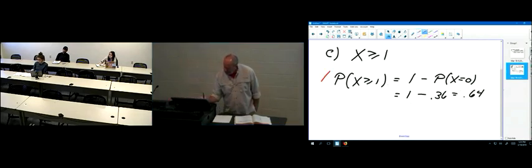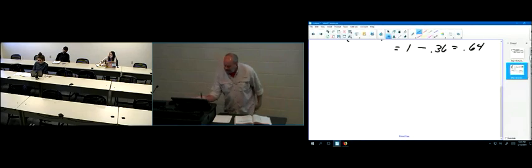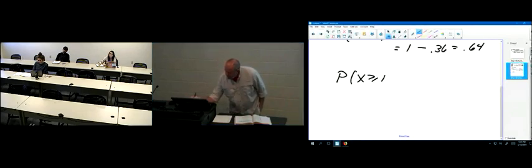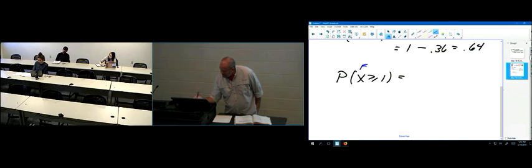Okay, so I'm going to do it like this also. That's one way, if you remember the rule. I think it's rule 4 that I've written down. Let's say you don't remember that rule. My question is, can we still do this? What does it mean? In other words, this is your event, that X is bigger than or equal to 1. What outcomes make up that event?